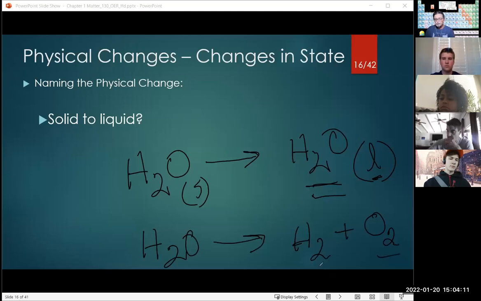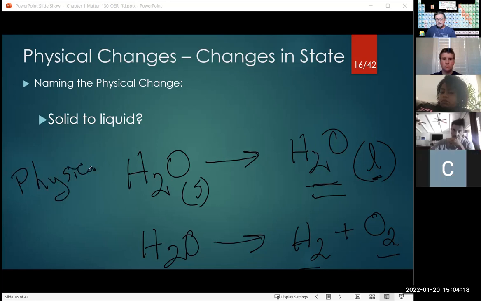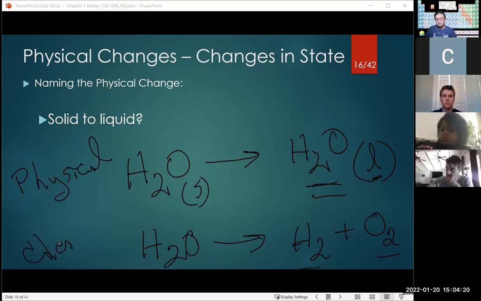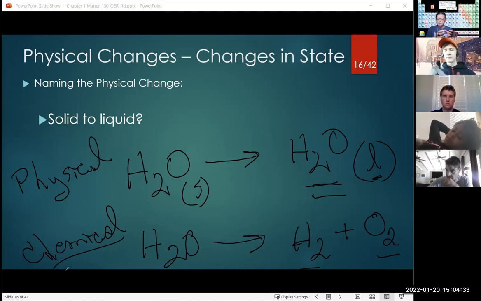Notice that we have totally changed the formula. So the first step is a physical change versus a chemical change, okay? And that's the main difference between the two. In a physical change, we do nothing structurally to the way the molecule is put together, whereas in a chemical change, we totally change the structure and everything completely, all right?